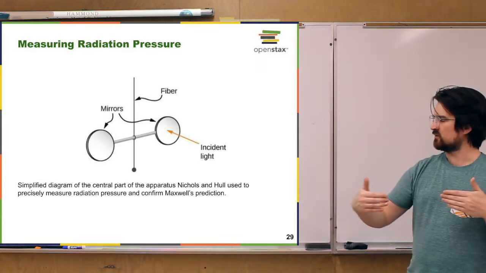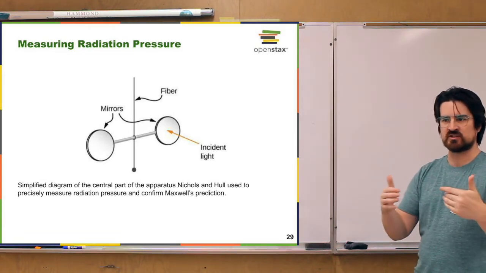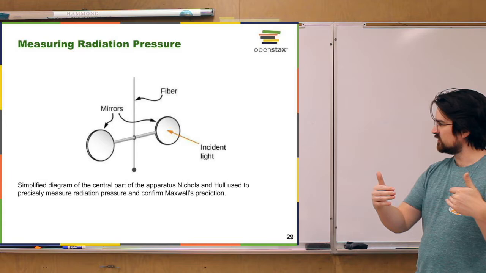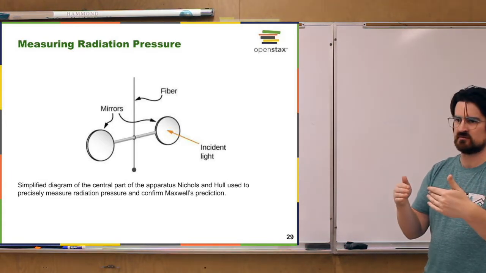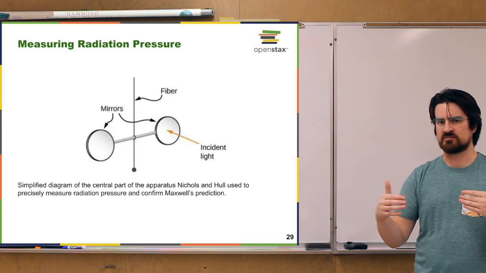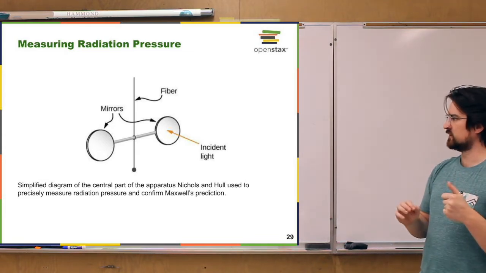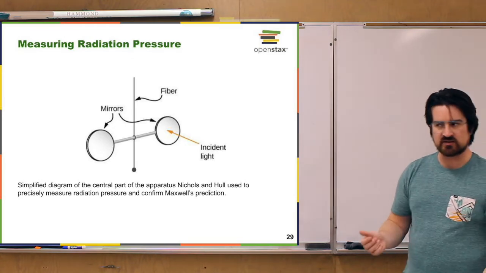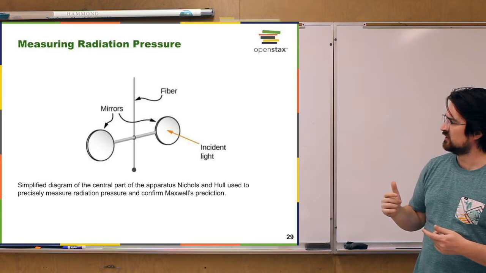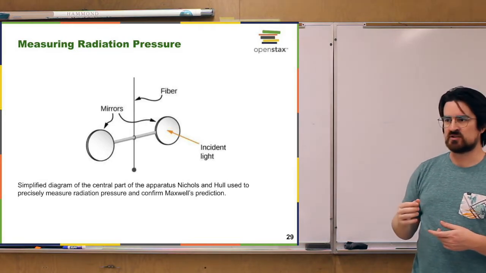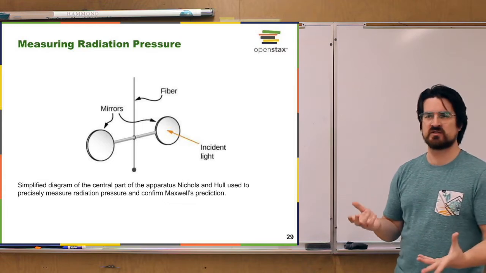Since they're able to rotate freely, it takes very little pressure to cause some movement, and it turns out that this sort of setup allows you to measure very small pressures being exerted, or very small forces over the surface of the mirror. Which is nice because it turns out these radiation pressures are extremely small. This sort of torsion apparatus is generally a nice way to measure very, very small forces.